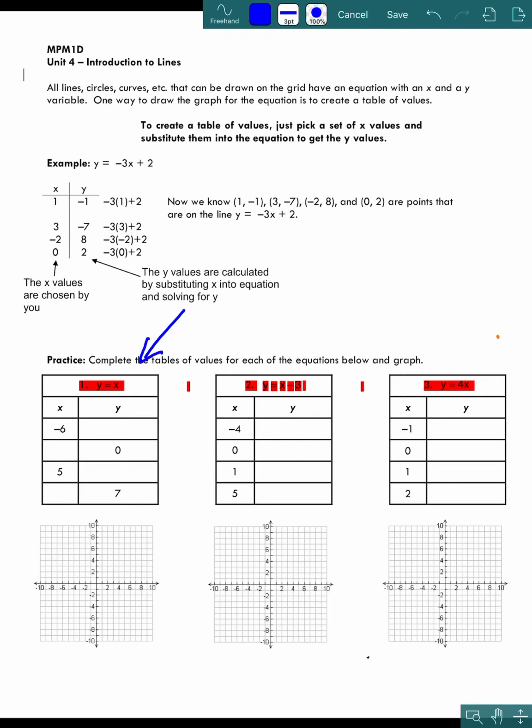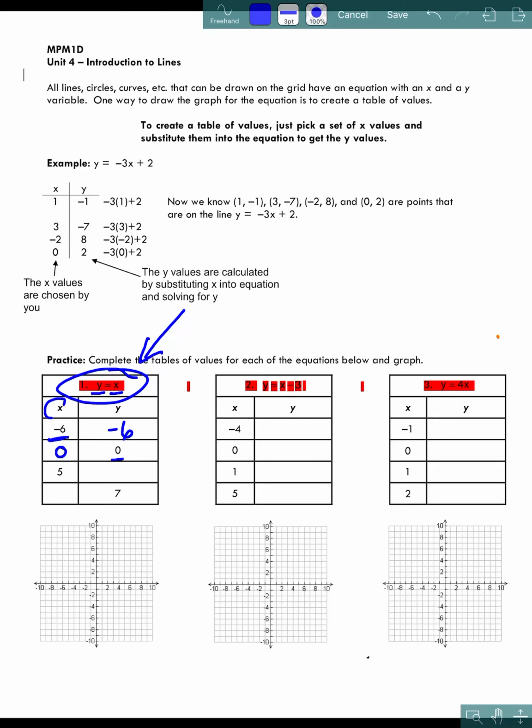So this line says y equals x. So they're saying y is going to equal whatever x is. So if x is -6, the y value is -6. If y equals x, then if y is 0, x is equal to it, so it has to be 0.